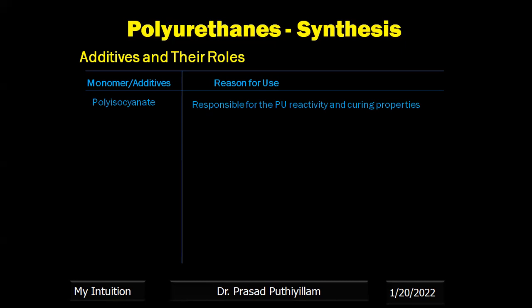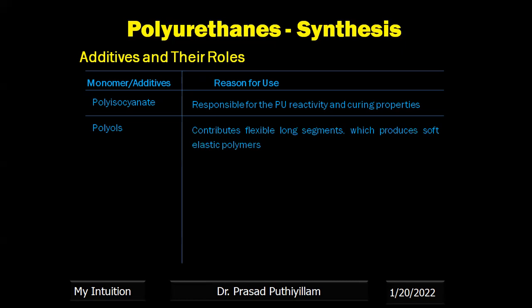Curing property means how fast it will become solid when it is put into a mold to get the desired shape. How fast it gets the desired shape of the article, that is the curing property. Then polyols, that is dialcohols, or many alcohol functional groups. Polyols are the monomers. They contribute towards the flexibility of the long segments.